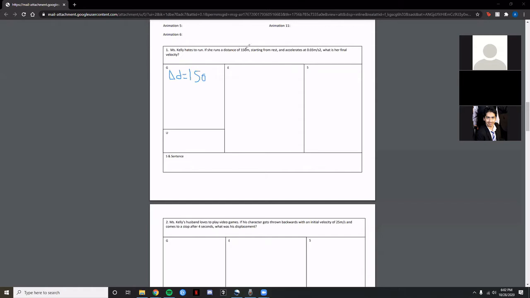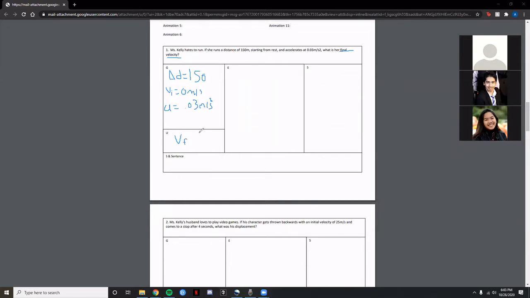She's starting from rest, so we know v of i equals 0. Then we have acceleration equals 0.03 m/s squared. Now we need to find her final velocity, so our unknown is v of f.